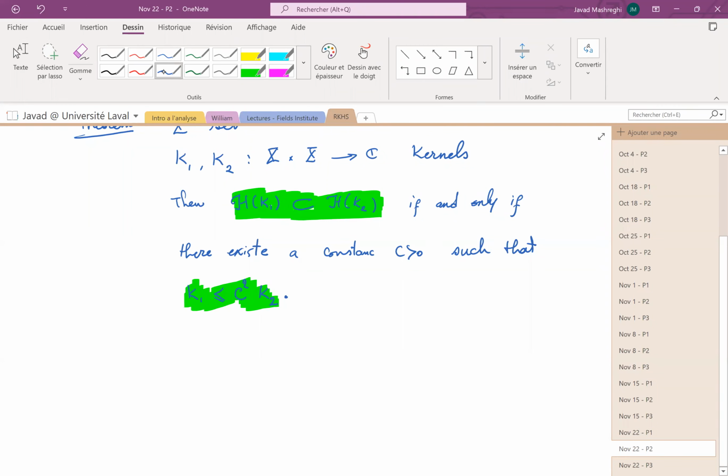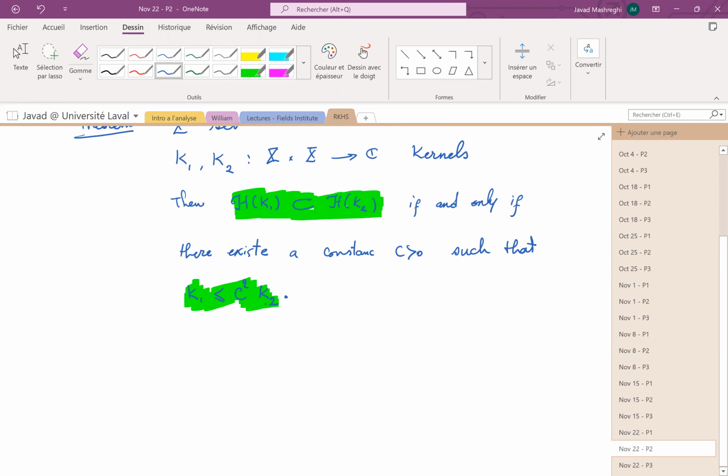And I mentioned before the break, K1 less than or equal to a constant times K2 is a huge restriction. You have to verify it on all n by n matrices with n equal to 1, 2, 3, no restriction on n, and no restriction on the nodes x1 up to xn. So we have infinitely many matrices to verify that this matrix is less than or equal to C squared times that matrix.